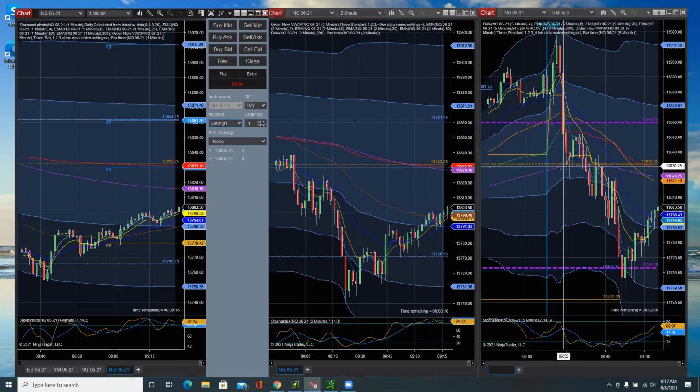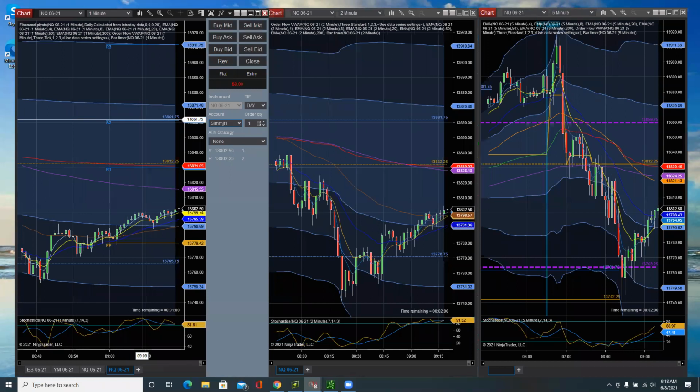Now we need to start to put together a little bit larger picture of what we can get to. So let me tell you what these other lines on the chart represent. Right here at 13,861, 862, that is the value area high. I'm sure if you've been in a room or done some study, most people are familiar with the value area high. This next one down, in a golden color, is the point of control.